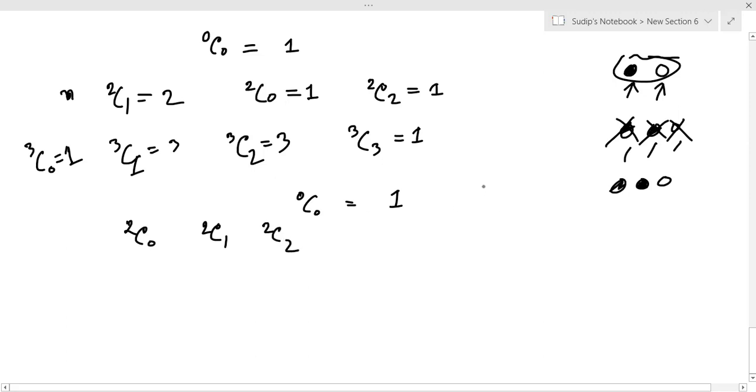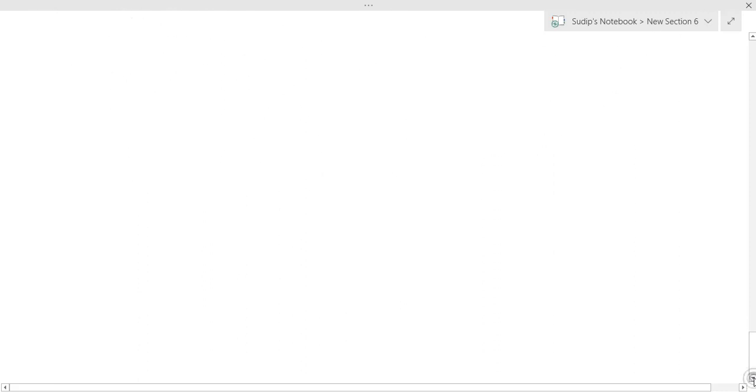If one ball is given, we can choose like this: 1C0, we can choose nothing, or 1C1. Now we will see it like this. You are given nothing, you have to choose nothing.